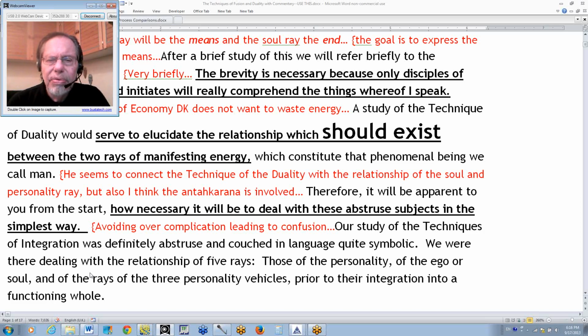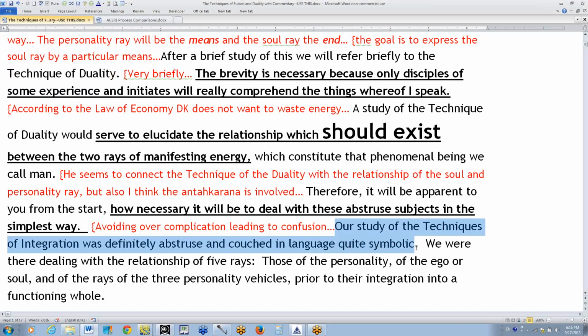Sometimes I think you have to go through, it's maybe a third-ray, fifth-ray bias here, but go through some pretty intricate analysis before you can simplify in the right manner. But that may be just my approach. Our study of the techniques of integration was definitely abstruse and couched in language quite symbolic.